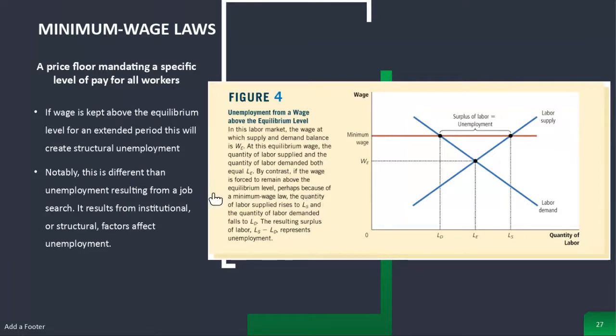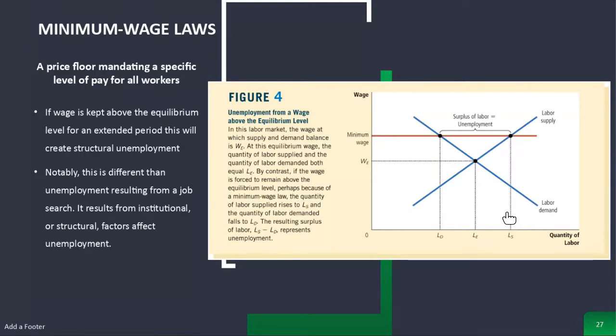Let's pop over here and look at our market example for a moment. If you remember, the law of supply tells us that as the price goes up, the quantity supplied increases. Similarly, it tells us that as the price increases, the quantity demanded goes down. There's no reason to presume that labor supply and labor demand should function particularly differently.